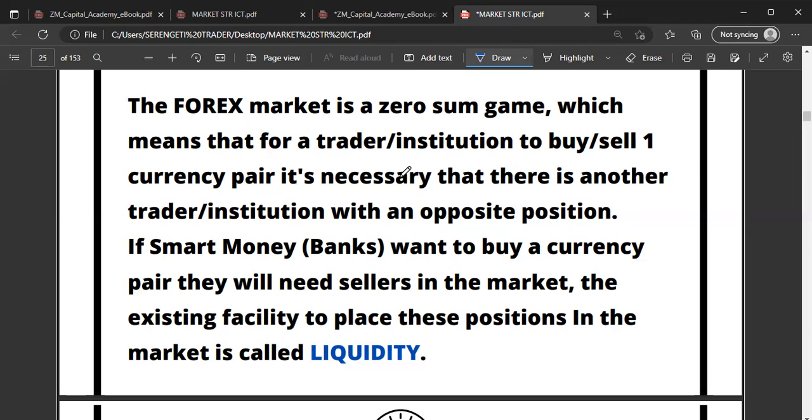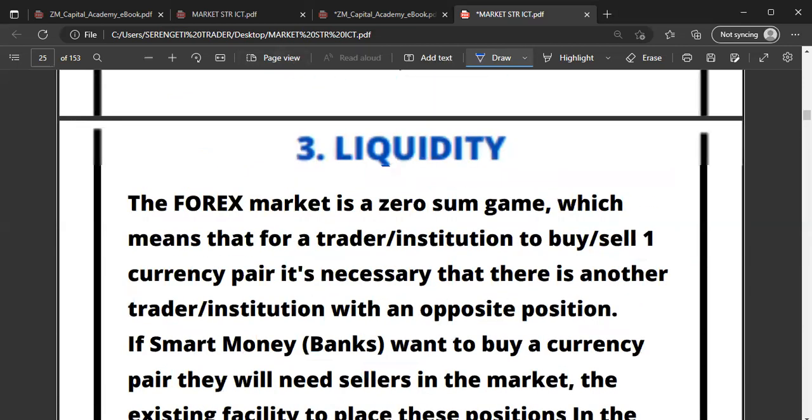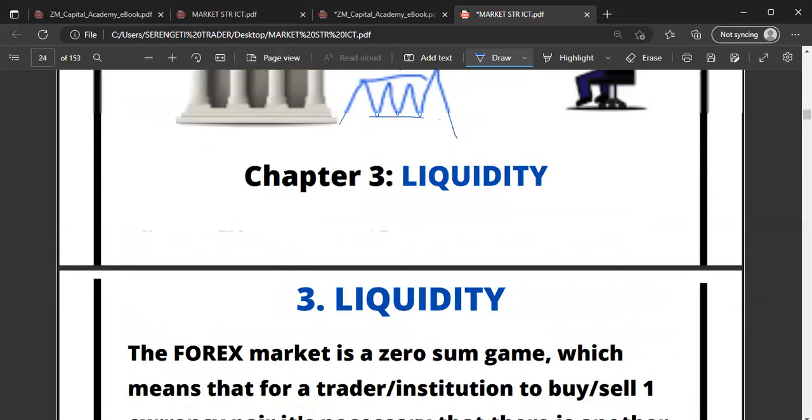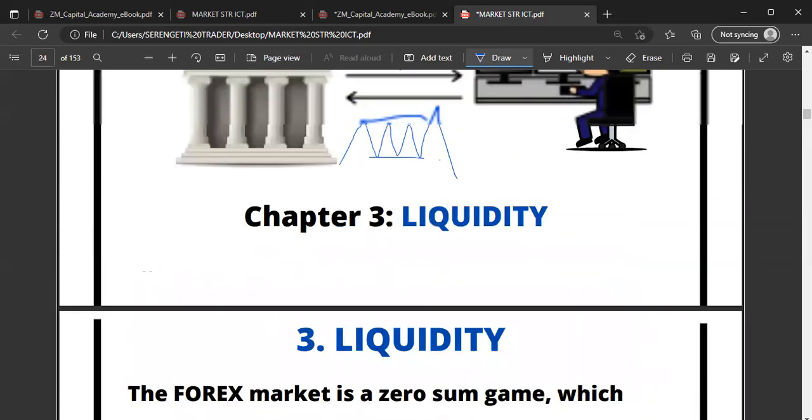So what they do before they sell, they buy. I don't know if you understand. They push the price up before they take it down. Let's take an example.